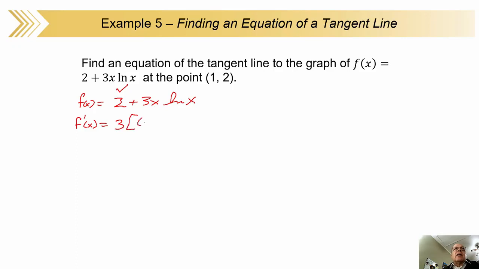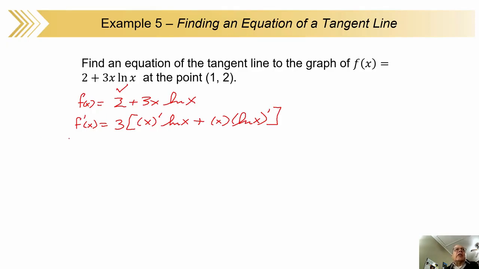And let's take this one piece at a time. Take the derivative of x, natural logarithm of x, plus reverse the roles. You have x and the derivative of natural logarithm of x. That should do it. Say 3 out front, good. X one way, x the other way, natural logarithm of x one way.